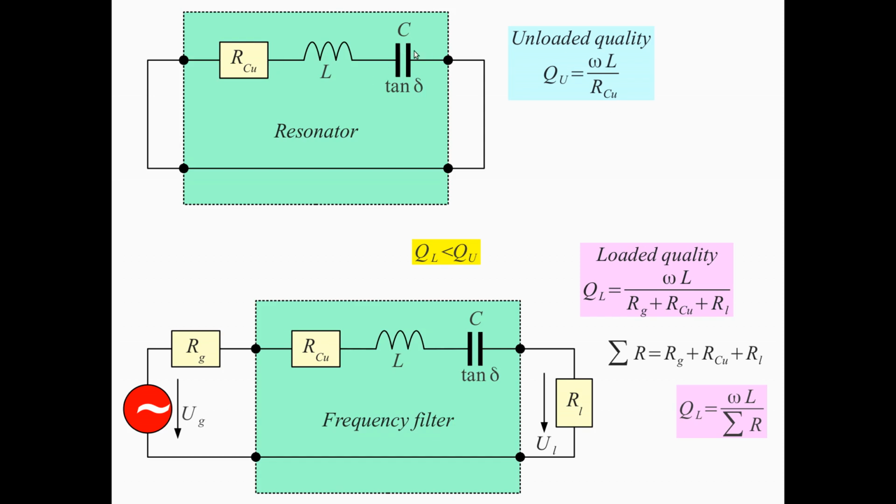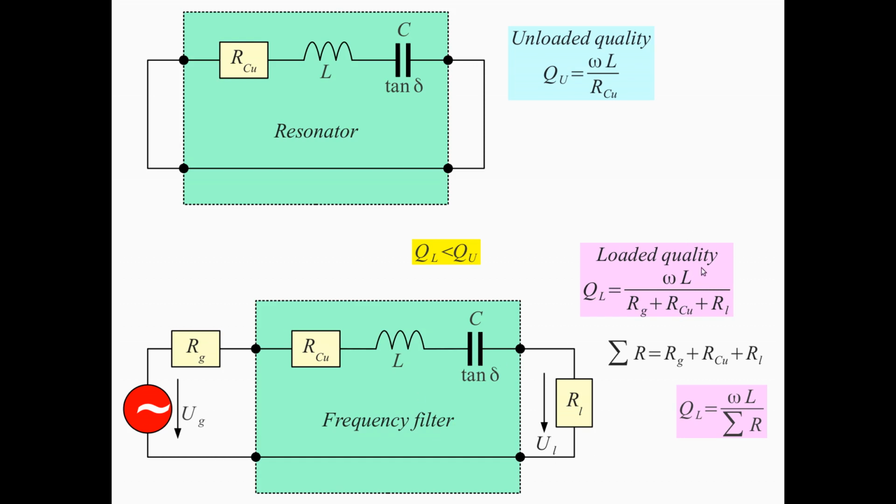When we use such a resonator in a filter, then its quality decreases. The loaded Q is always smaller than the unloaded Q, and the loaded Q also includes, besides the copper resistance, losses in the generator internal resistance and in the load internal resistance.